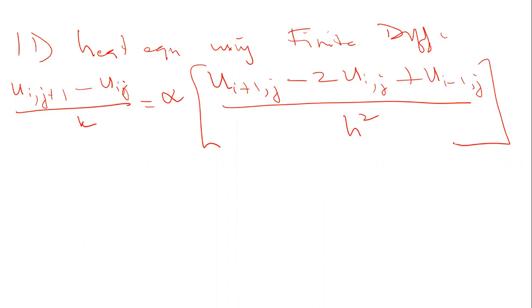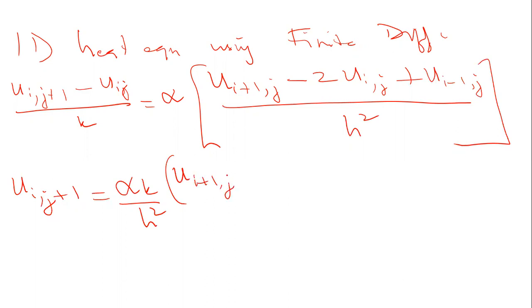So you can express this as u i, j plus 1 equals alpha k upon h square into (u i plus 1, j minus 2 u i, j plus u i minus 1, j). This minus becomes, if you transfer it to the right hand side, plus u i, j.